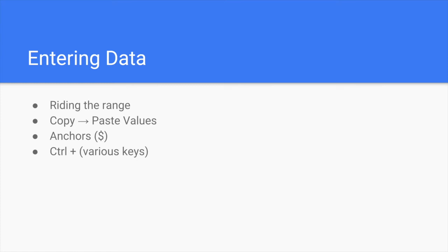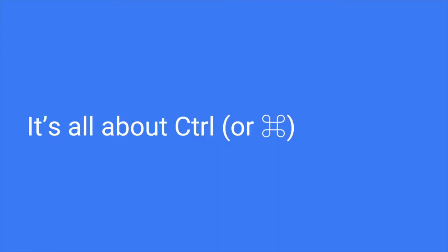And we saw a lot of different uses of control, the control or command key. And really, when it comes to saving time with Excel, it's all about the control or the command key. There's a lot of functionality with it, and it saves you time because there's no moving the mouse around looking for buttons that you thought were there but end up not really being there.